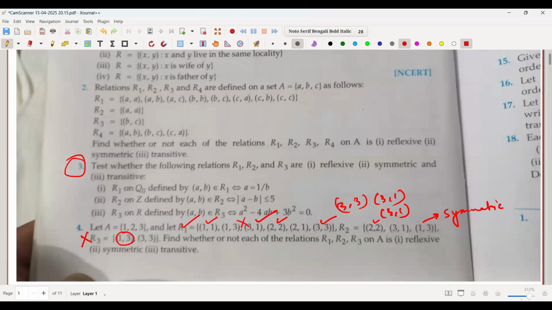And for transitiveness, 1 comma 3 is there and 3 comma 3 is there and 1 comma 3 is there, so it is transitive. So R3 is transitive only, R2 is symmetric only, and R1 is reflexive and transitive only.